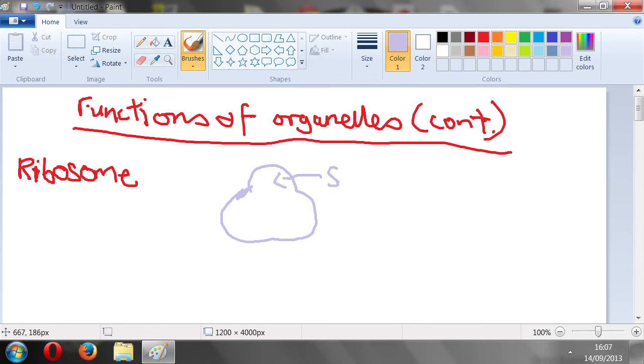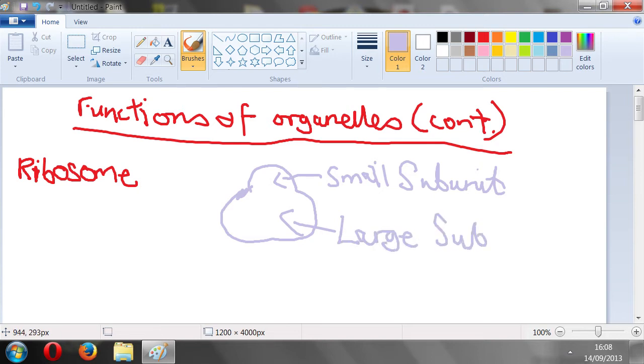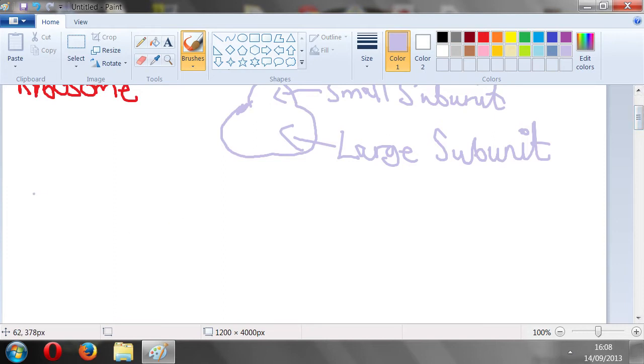And I'll just put over here, we've got the small subunit. And this is the large subunit. Okay. So what is this then? Well, it's a very small organelle.